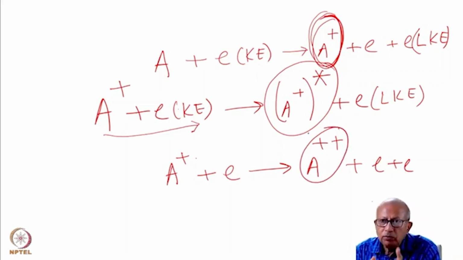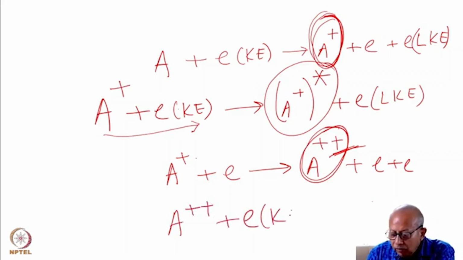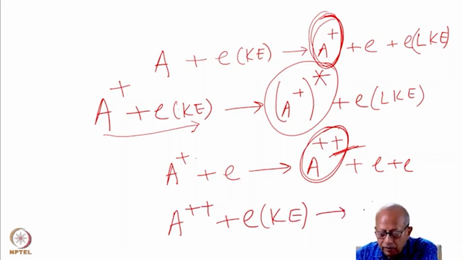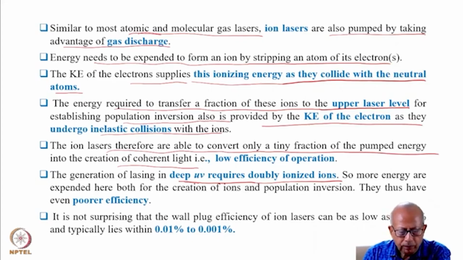So you'll have to impart more energy to create this active species. This is now the light emitting species. And then this will collide with an electron, and take it to the excited state to create population inversion. Therefore, such lasers will have even poorer efficiency.